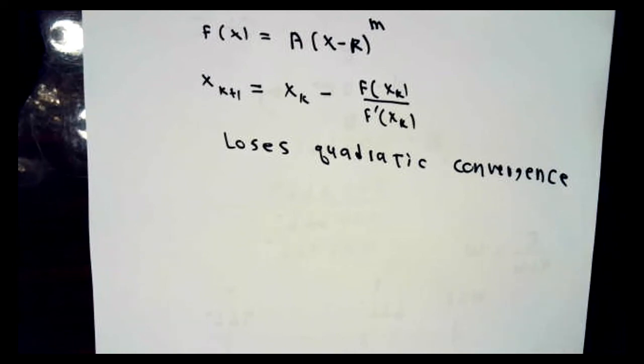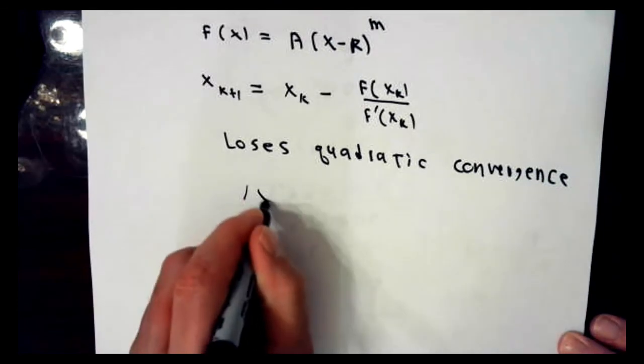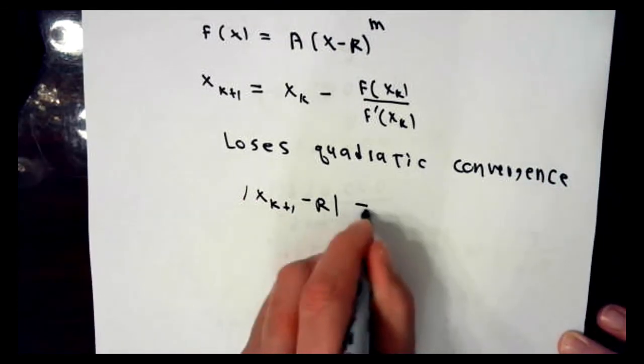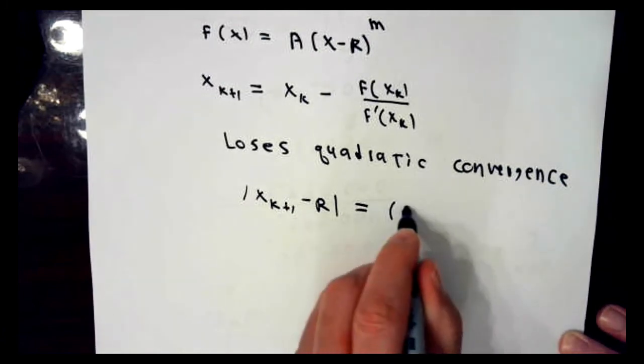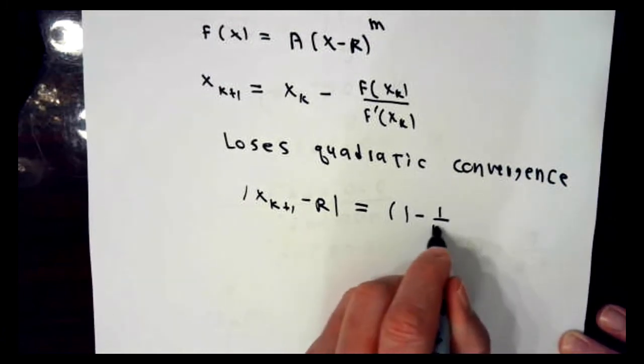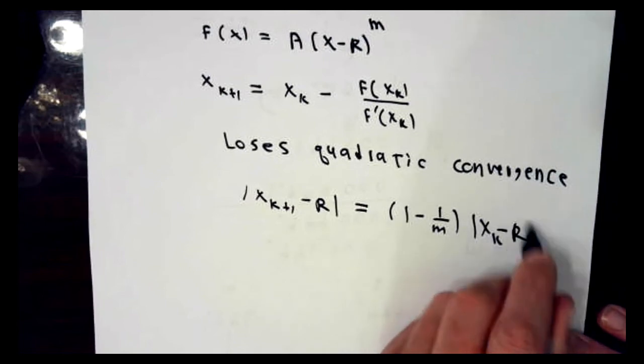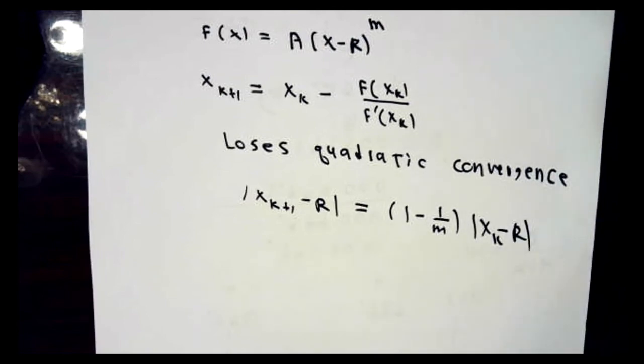We've previously seen that the error at step k+1 in our toy problem is (1 - 1/m) times the error at step k, and we lose the quadratic convergence that Newton's method had. Basically, this is because g' at the solution is not 0 anymore.